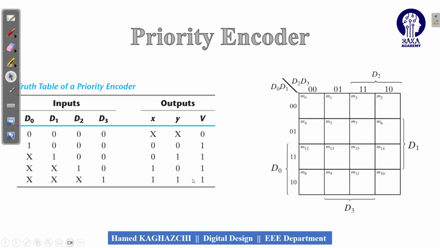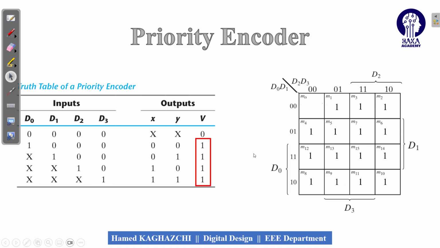Now, what about the v? You can see that except 0, this is the 0, the rest of the column of the v is equal to 1. So it means that all of the minterms except 0 have to be equal to 1, like this one.